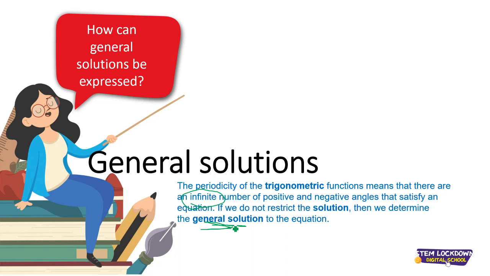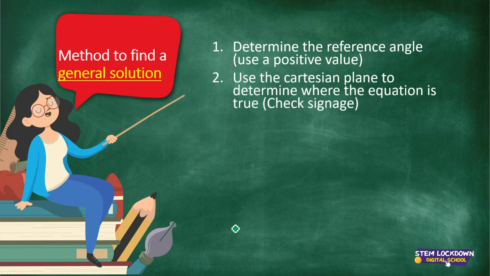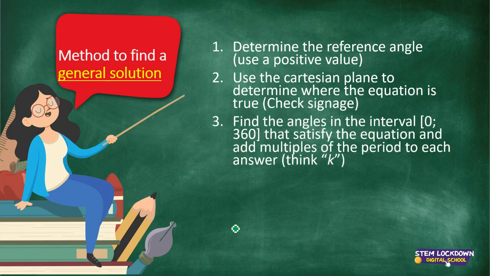But let's check what we are talking about. Let's first break down the methodology that you will use with general solutions. Number one, as you did with specific intervals, you'll determine your reference angle. You will use the Cartesian plane again to determine where the equation is true. Then you will find angles in the interval between 0 and 360, a normal Cartesian plane, that satisfy this equation, after which you will add multiples of the period to each answer.